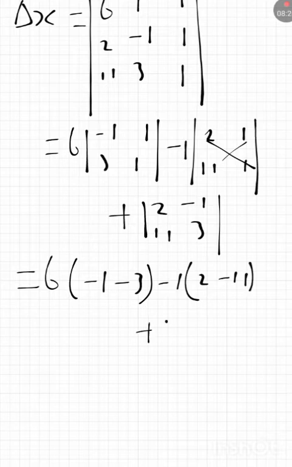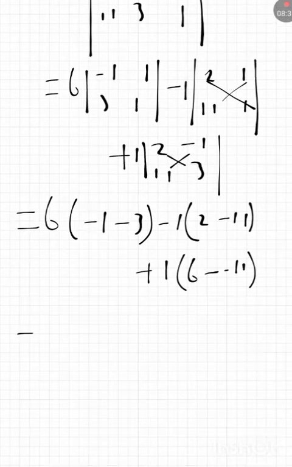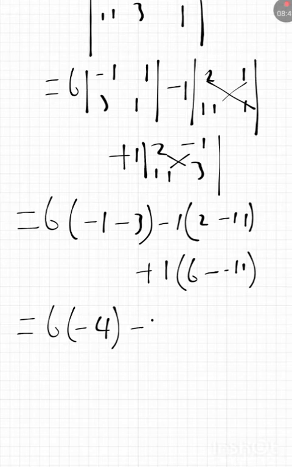Then plus 1 into bracket, the product of this minus the product of this. 6 minus 11. Therefore, I have 6 into bracket minus 1 minus 3, minus 4, minus 1 into bracket 2 minus 11. That is minus 9.